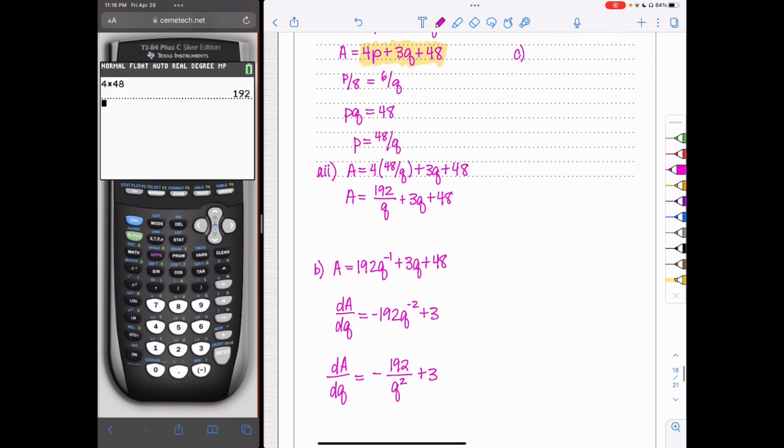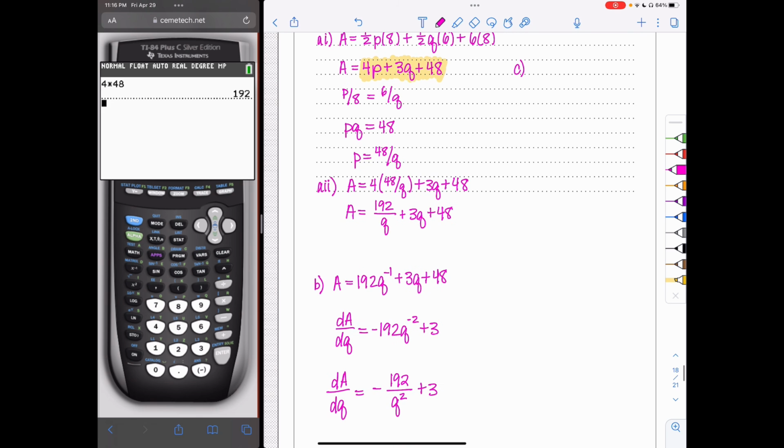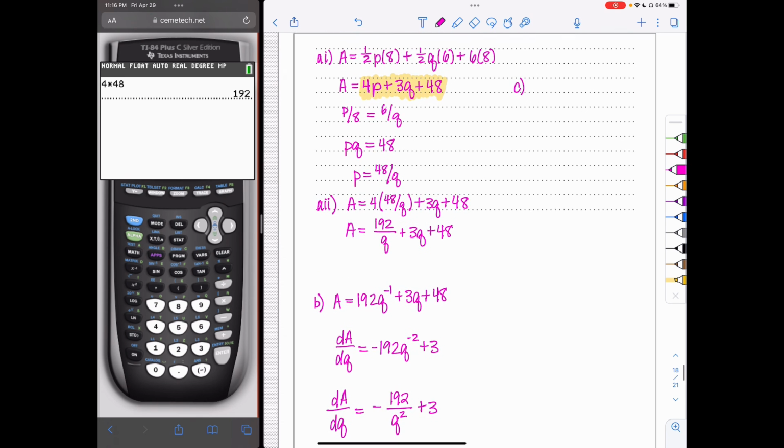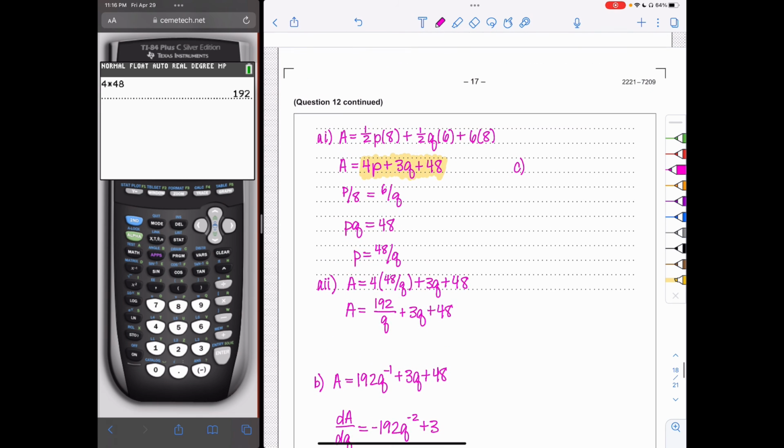So to find my minimum, I set my derivative equal to 0. That's going to be negative 192 over Q squared plus 3 is equal to 0. That's what the equation is going to be, and this is for part C1.